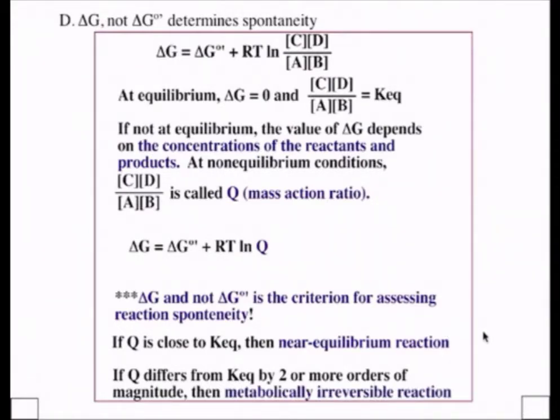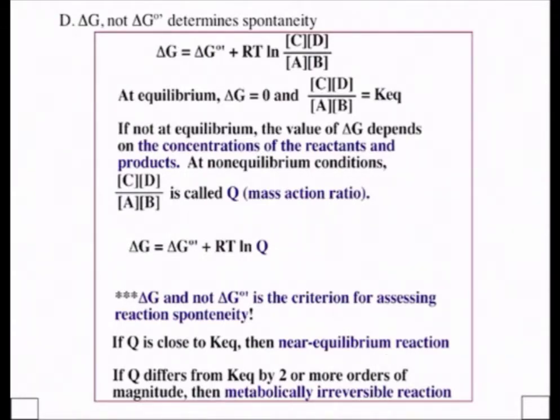So how do you know how much variance between Q and KEQ is relevant? How do we know whether we assign a reaction as being near equilibrium or whether we call the reaction metabolically irreversible? Well, the rule of thumb is that if the Q differs from the KEQ by 2 or more orders of magnitude, then we call the reaction metabolically irreversible.